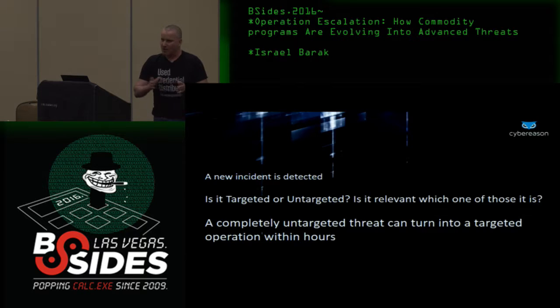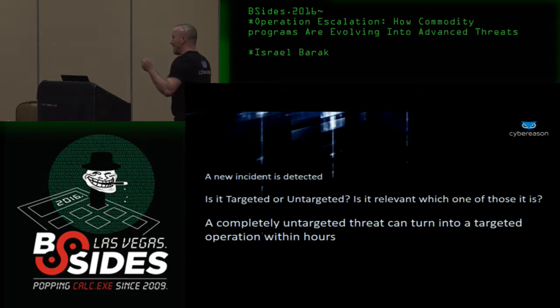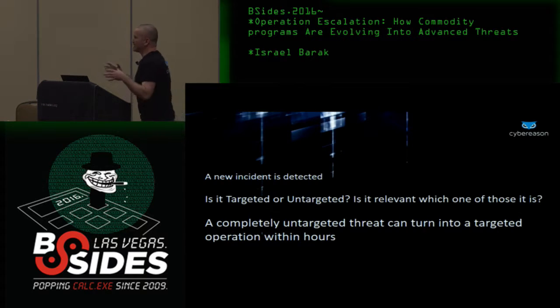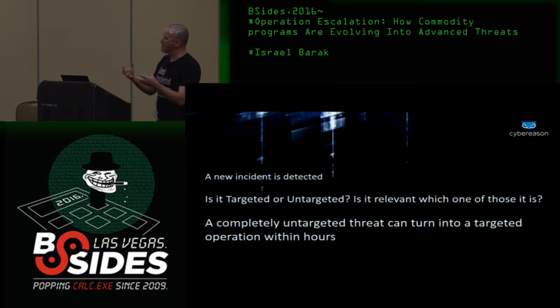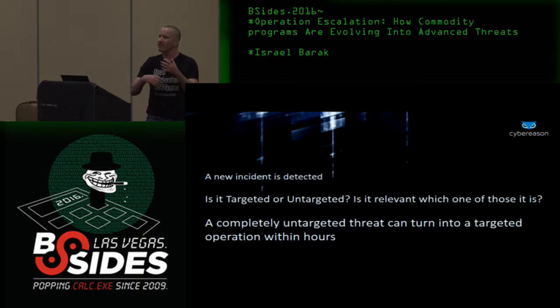Traditionally, when a new incident is detected, security executives, the CISO or the SOC manager, would try to estimate the impact of the incident on availability of services and on organizational data, and based on this, gauge the importance of the response.